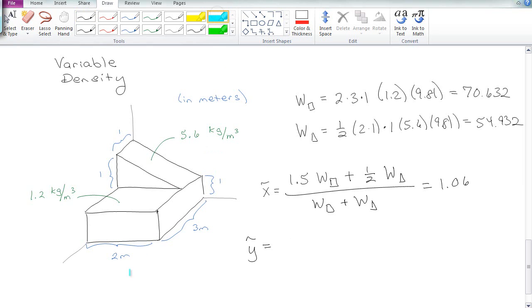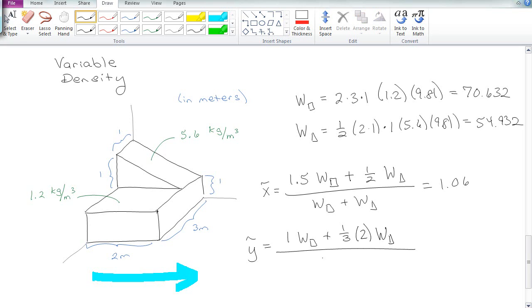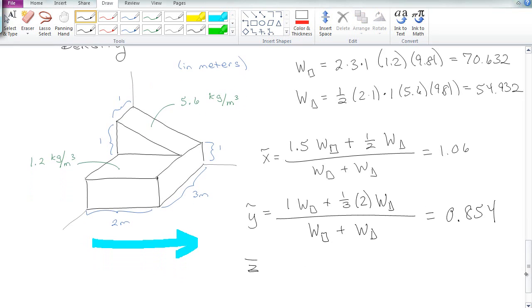All right, and then for y, again, remember y is in that direction, so that's at 1 times the weight, and this is actually going to be 1/3 from the fat side, and it has a length of 2, so it's 1/3 of 2 times the triangle, divided by the weight of everything, and we get 0.854, yay! For z, let's scoot down. Z deserves her own space.